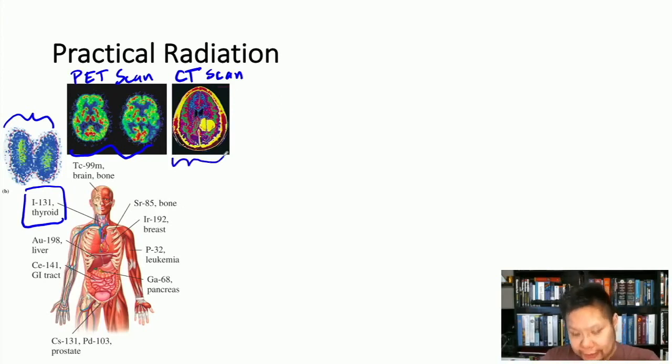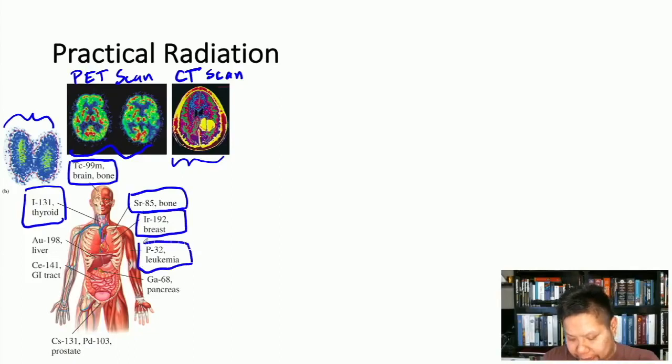Other radioactive isotopes can be used to study the body too. For example, here we have technetium-99m, which can be used to study the brain and the bone. We have strontium-85 that can be used to study the bone. We have iridium-192 for breast. We have phosphorus-32 for leukemia. Gallium-68 can be used to examine the pancreas.